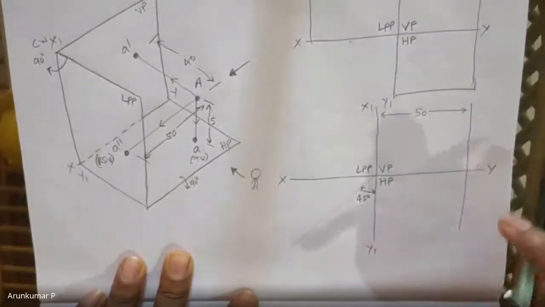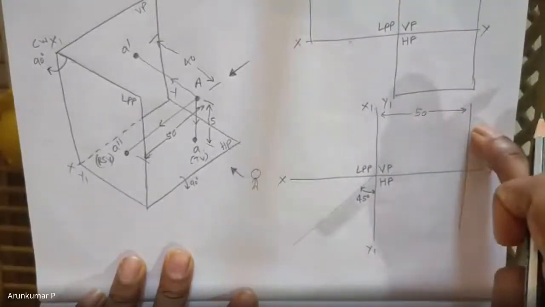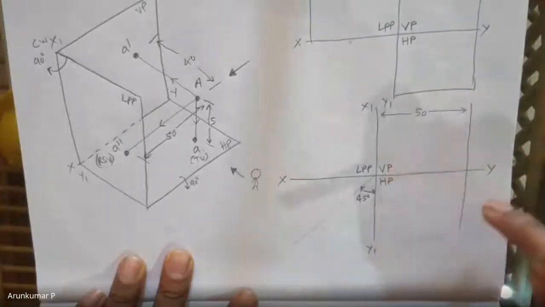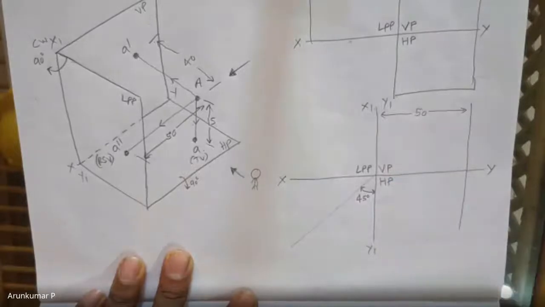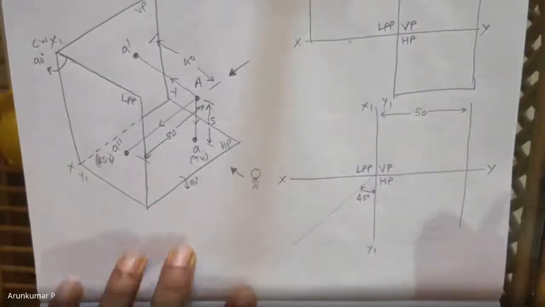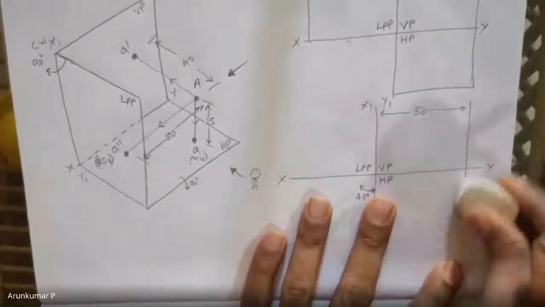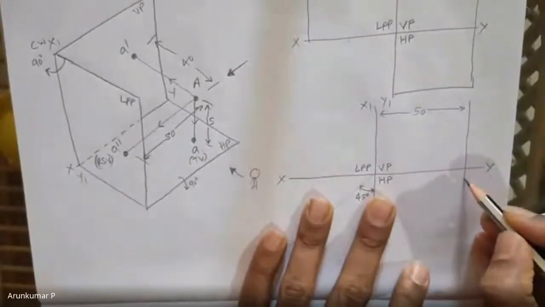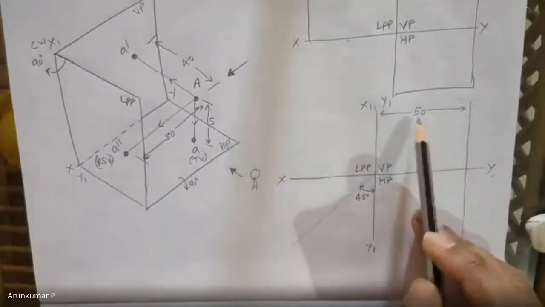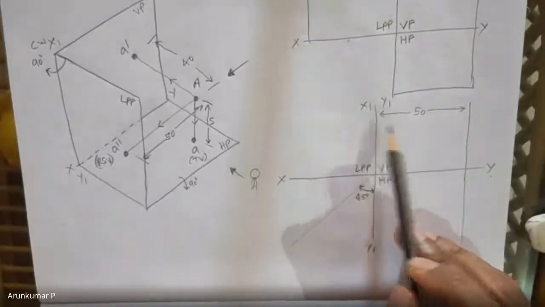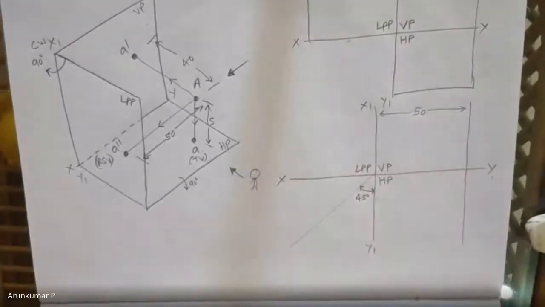On this projection line, somewhere in this area you are going to get the front view in VP. Somewhere in this area you are going to get the top view on HP. This is important. 50 mm from the left profile plane.